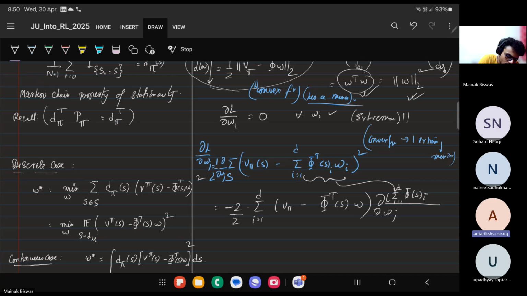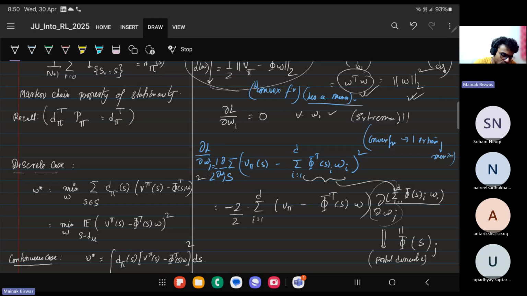So only for the corresponding j would the term remain. Very good. So this term will just be phi s of the jth term. Clear to everyone? Because it's a partial derivative, all other terms will go to 0.